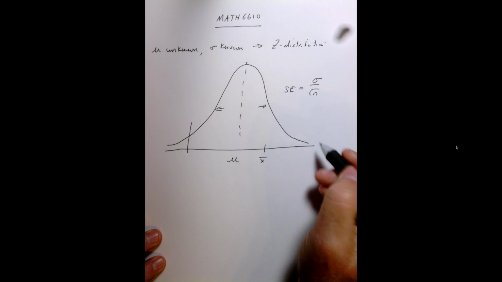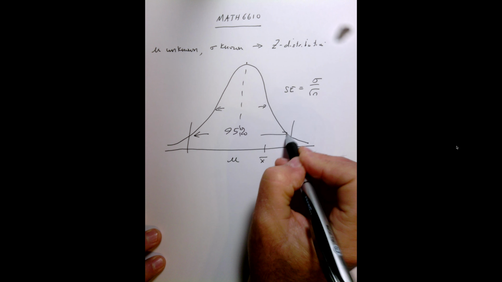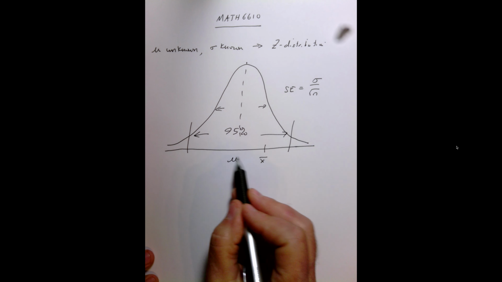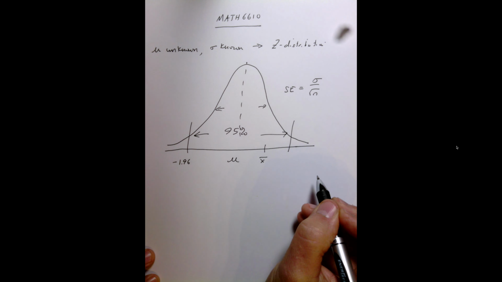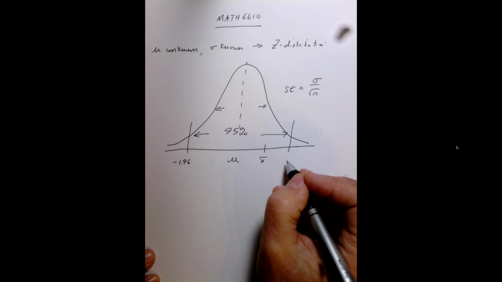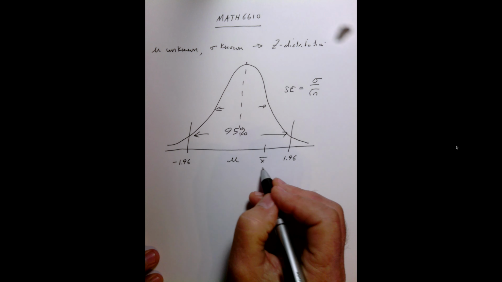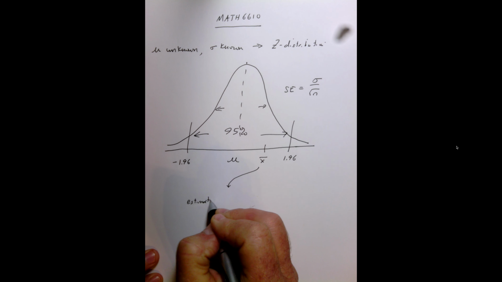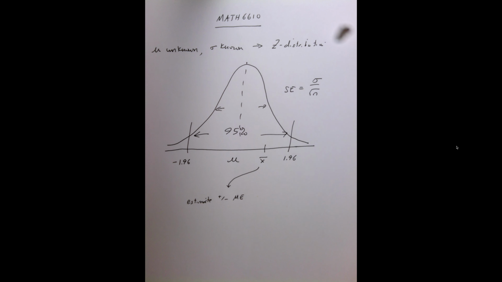We know that 95% of the distribution of sample means around wherever this thing is centered fall from 1.96 standard errors below the mean to 1.96 standard errors above the mean. So we take this estimate in general and we add and subtract margin of error, because again, we know that these sample means fluctuate.